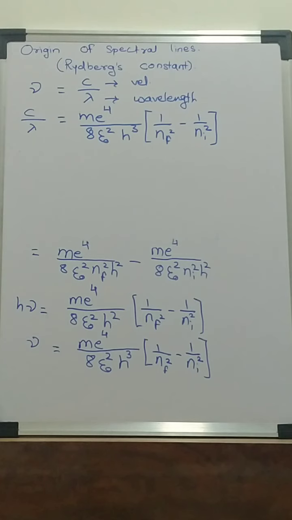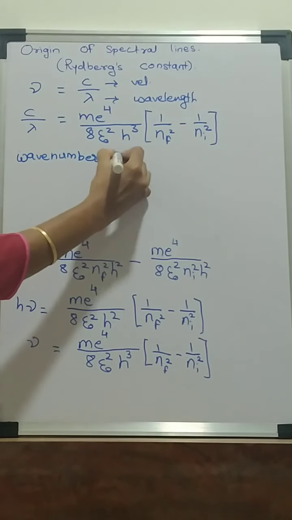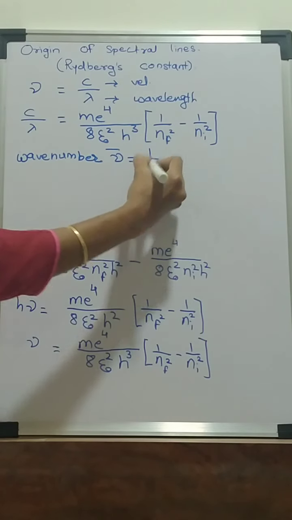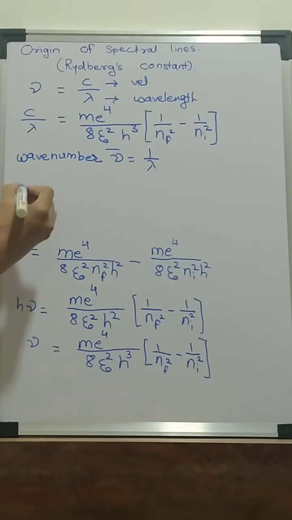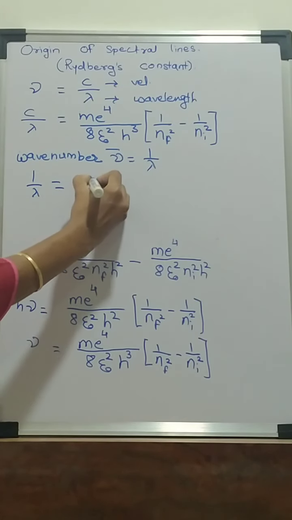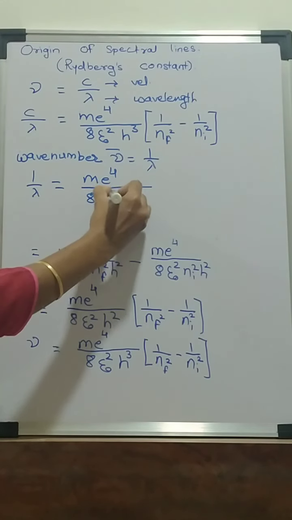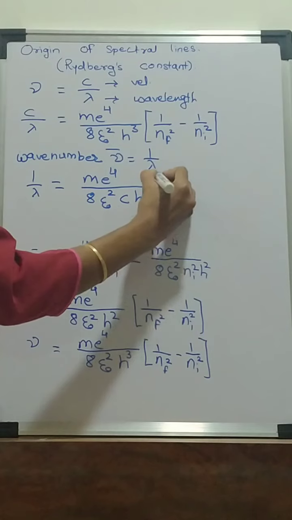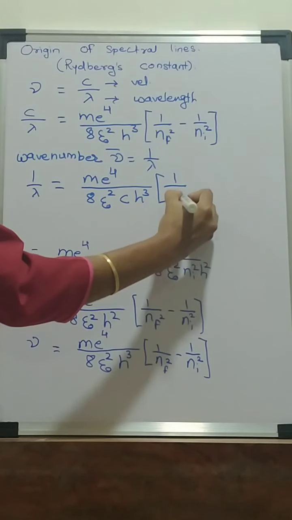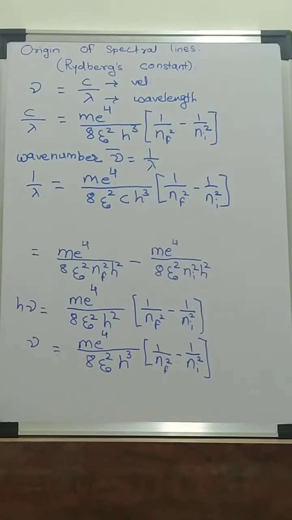Now I want to find the wave number. What is wave number? Wave number is denoted by nu bar, which is equal to 1 by lambda. So from the above equation, 1 by lambda is me raised to 4 upon 8 epsilon naught square c h cube, bracket 1 upon nf square minus 1 upon ni square.